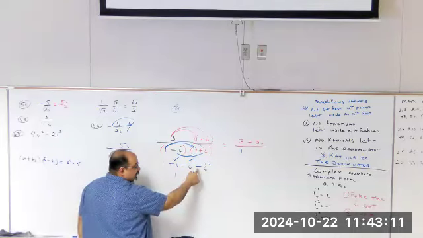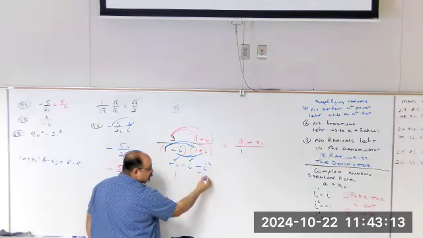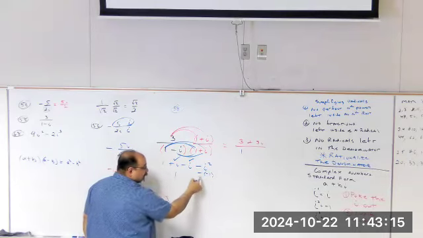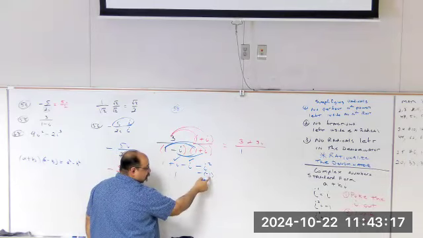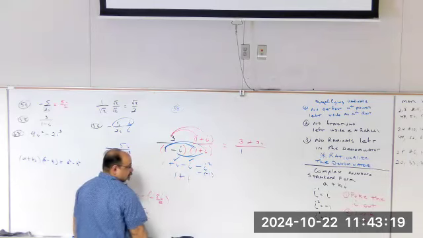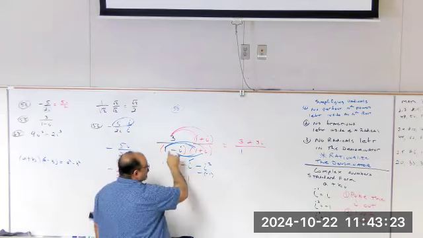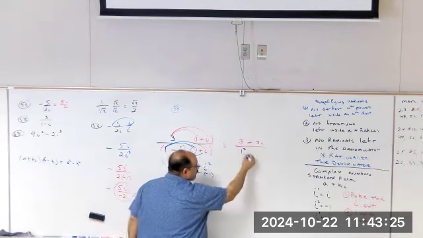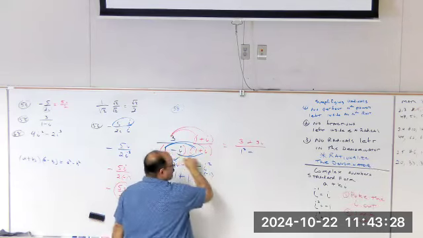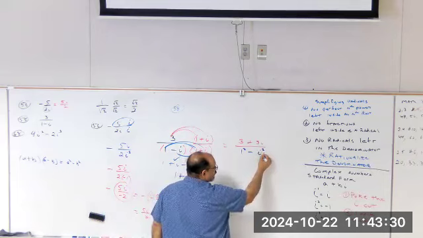What happens with negative i squared? What does i squared become? Negative 1. Minus a negative 1 becomes plus 1. So you're going to end up with 1 squared minus b squared, minus i squared.